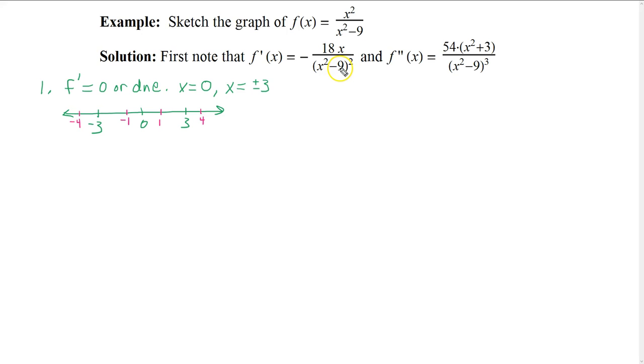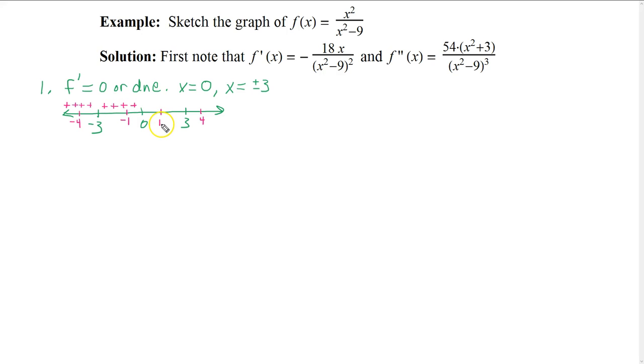So in the numerator, we're going to get a negative number times a negative number, which makes it positive. If we put -1 in for x, in the numerator, we'll get a negative number times a negative. That'll make it positive as well. So we're still positive here.